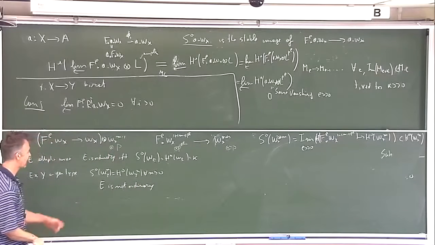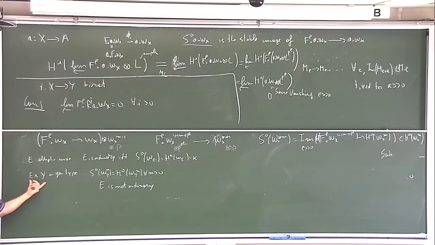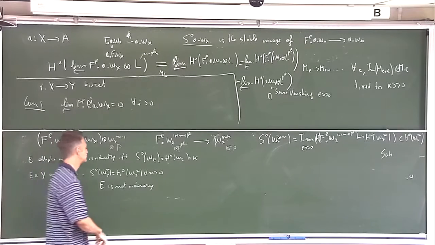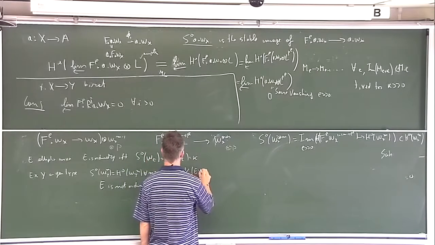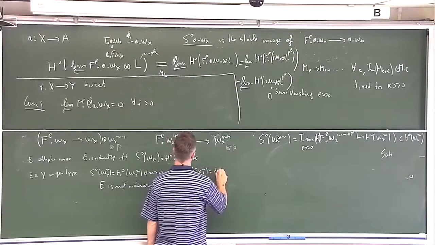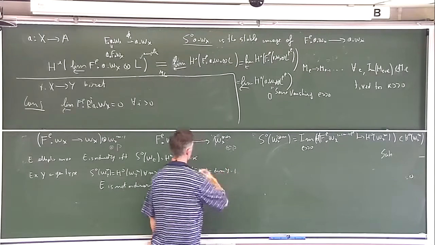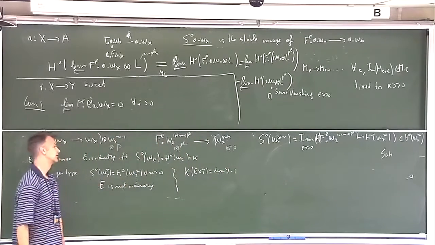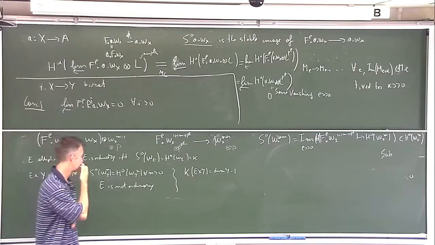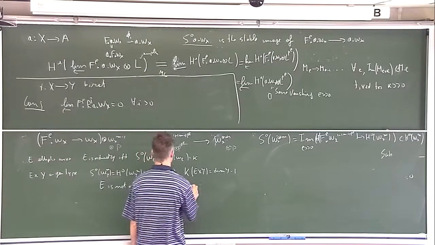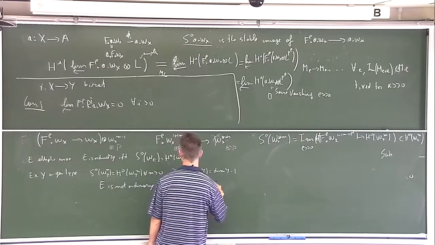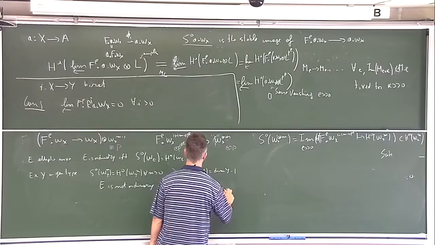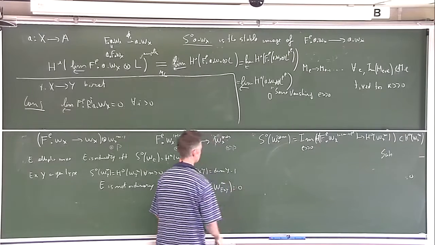Then pluricanonical forms on here are just products of pluricanonical forms on E times pluricanonical forms on Y. So the upshot is that the Kodaira dimension of E times Y is the dimension of Y, so the dimension of the ambient space minus 1, with the fibers being E. However, you have that the dimension of S0 of omega_{E times Y} to the m is always 0. These are always empty.